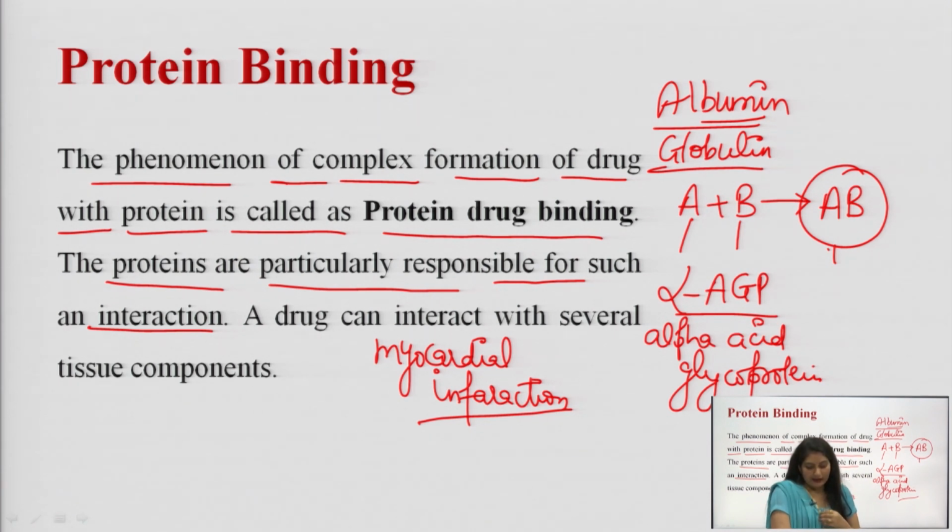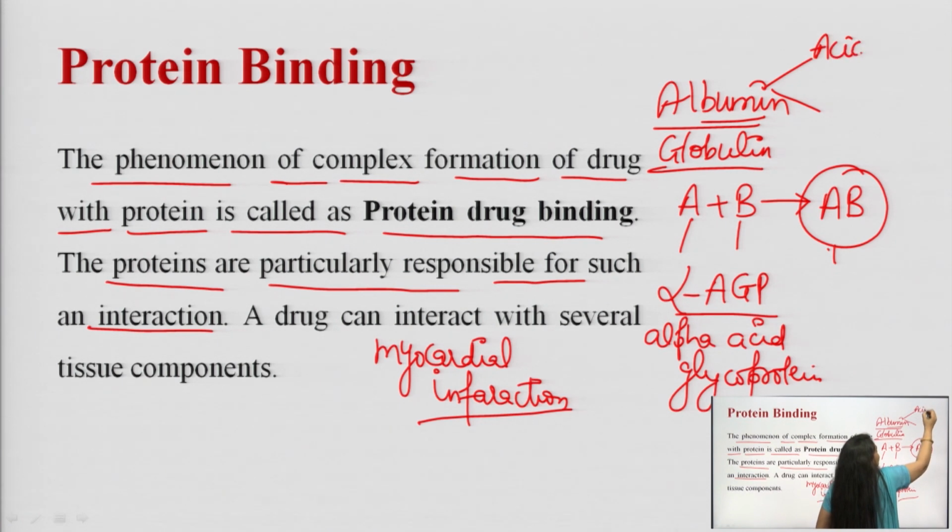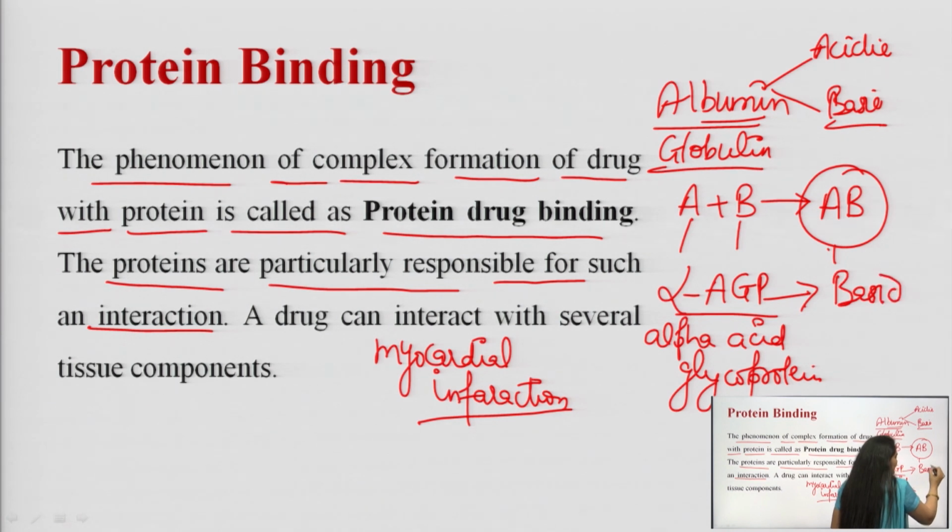But AGP, or alpha acid glycoprotein, binds to basic drugs mostly rather than the acidic drugs.